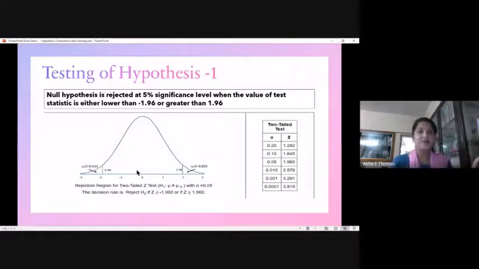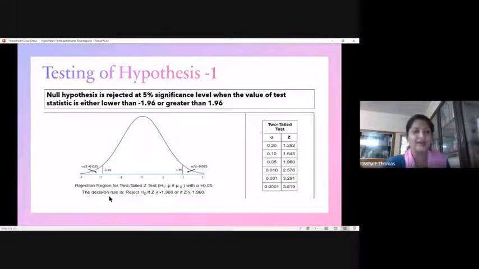So that possibility in a two-tailed test will fall into these two parts, two ends. Me rejecting the null hypothesis when it is true. So there are two possibilities: me rejecting it because I anticipated it to be less, me rejecting it because I anticipated it to be more.